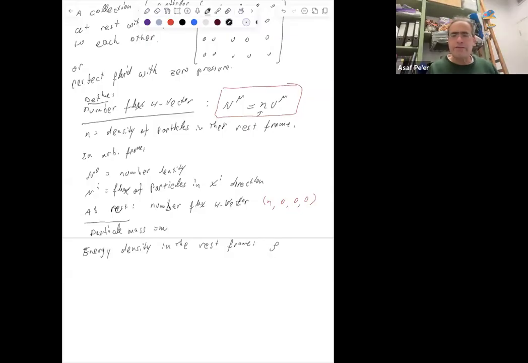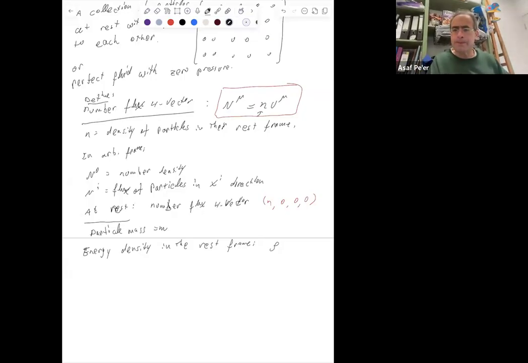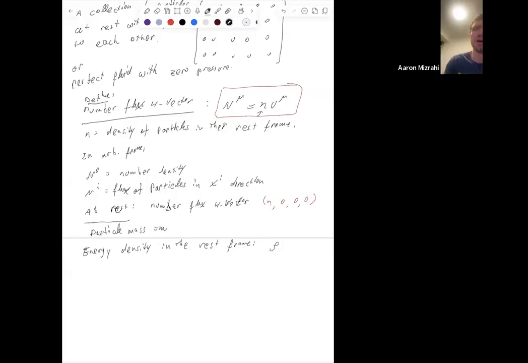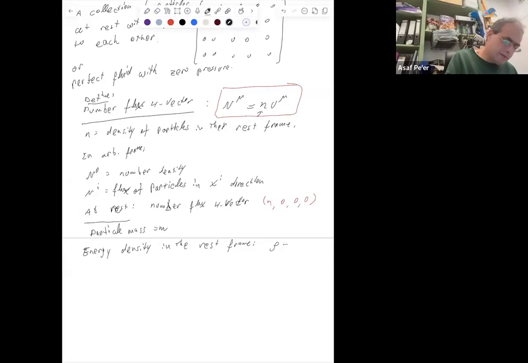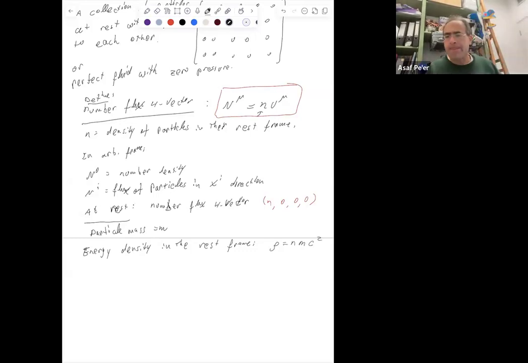If I just say I have a number n of particles, what would be their energy in the rest frame? n m c squared. Right, exactly. So this is the energy density, it's just n m c squared. They're not moving.